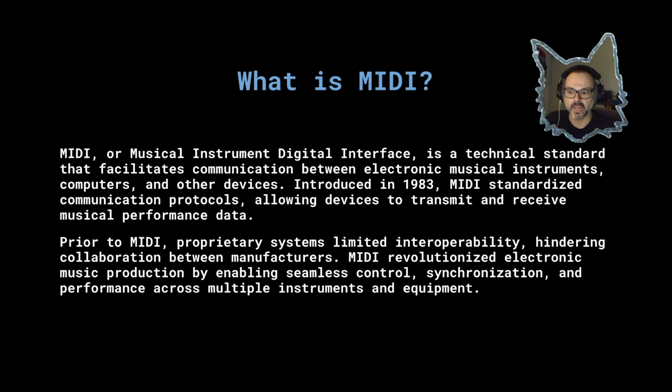Prior to that, a lot of manufacturers all had their own standards, and so trying to sync something that Roland might have done with something that Korg was doing was almost impossible. But a bunch of them got together and came up with this standard. And of course, as we know now, it revolutionized the entire electronic music industry, making it a lot easier for musical devices to communicate with each other.